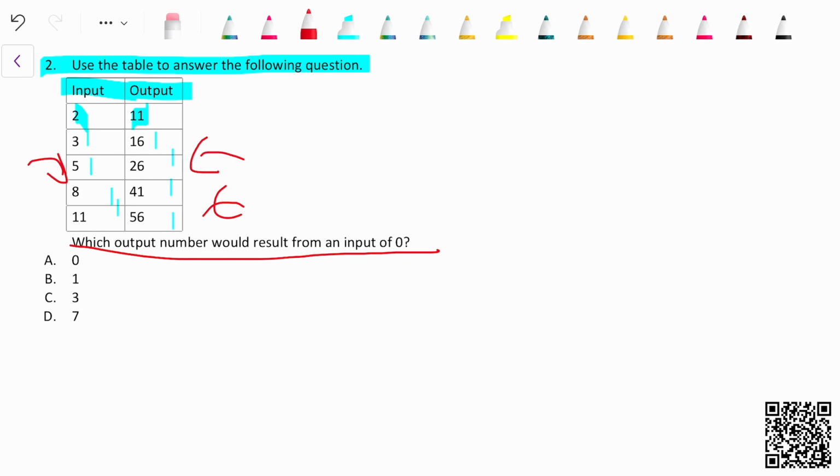Let's just try that strat for now. We can look right away at 2 and 11. 2 times 5 is 10, and 10 plus 1 equals 11. So that one works, but let's try another one just to make sure. 3 times 5 is 15, and 15 plus 1 would equal 16. So it's already working on 3.